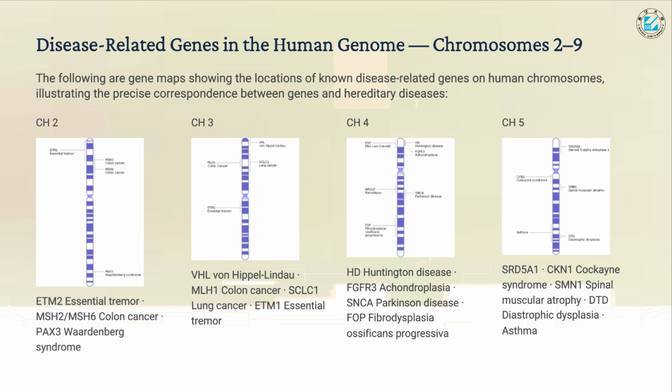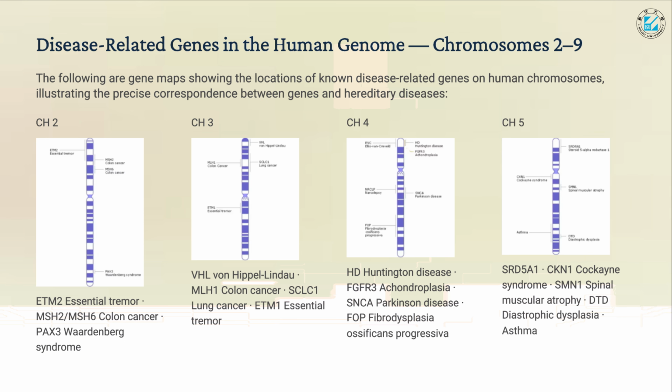Chromosome 4 contains the HD gene associated with Huntington disease, and FGFR3, associated with achondroplasia. We will discuss achondroplasia later. Chromosome 5 contains SMN1, which is associated with spinal muscular atrophy.